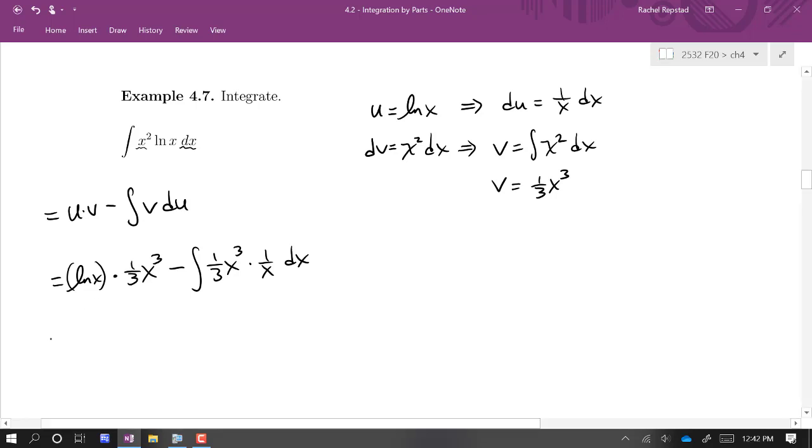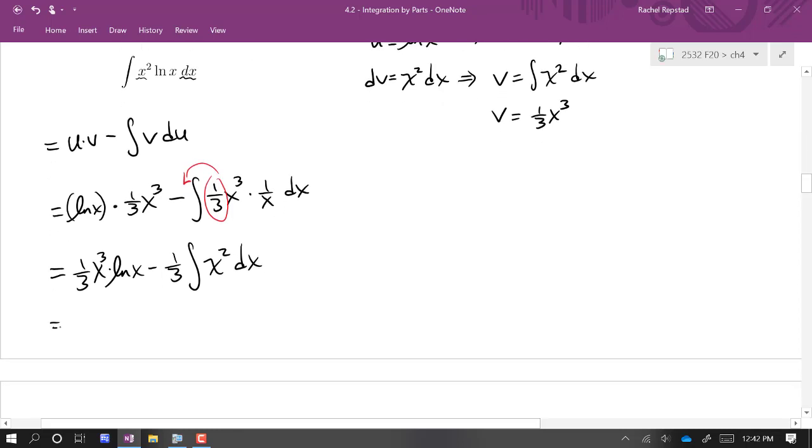And this one can be done most simply, I think, first by doing some algebra. I'm going to pull this factor of 1/3 out and then simplify using rules of exponents. So we've got our 1/3 x cubed times ln x minus 1/3 integral. When I cancel that, we get an x squared dx in the integral, and we know how to integrate that.